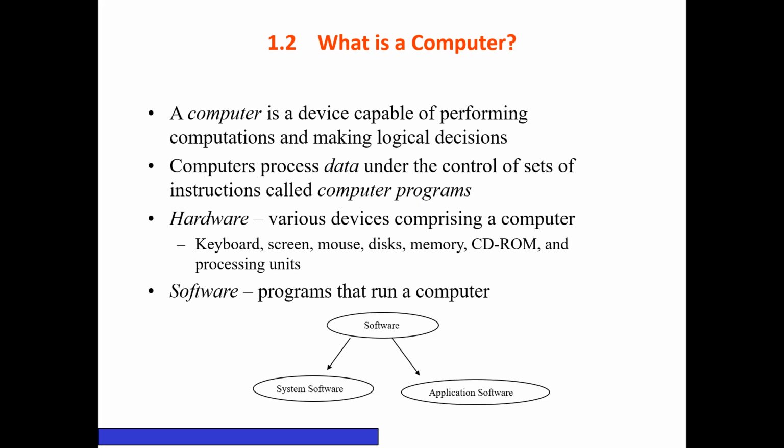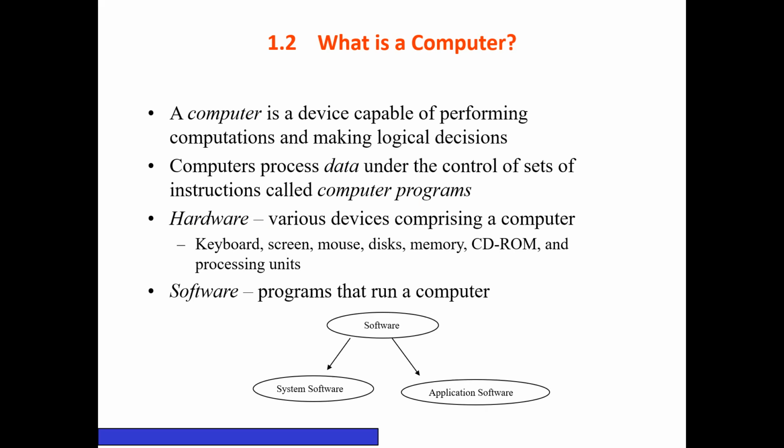Computers process data, and the instructions given for processing data are called computer programs. Computers have hardware, the components which we can see, touch, and feel, like keyboard, screen, mouse, disk, etc. It also has a non-visible component which we cannot touch or feel, called software.